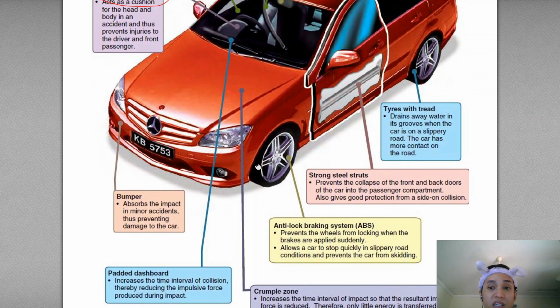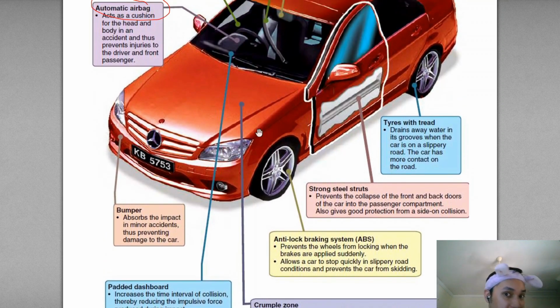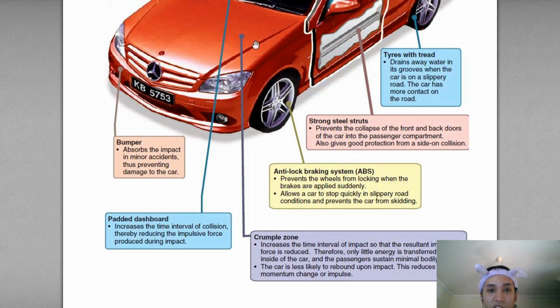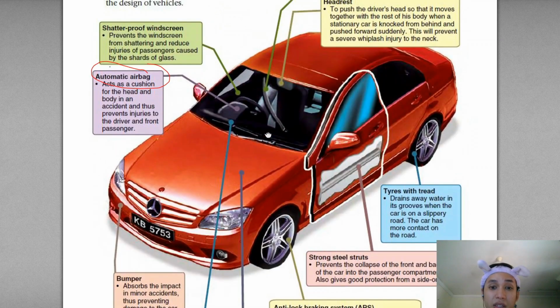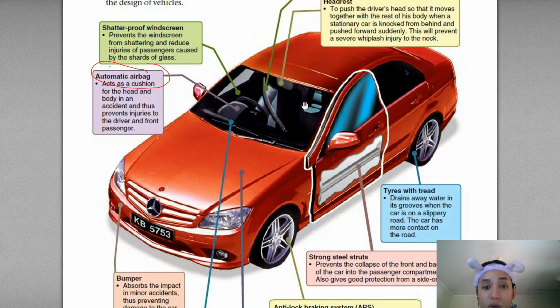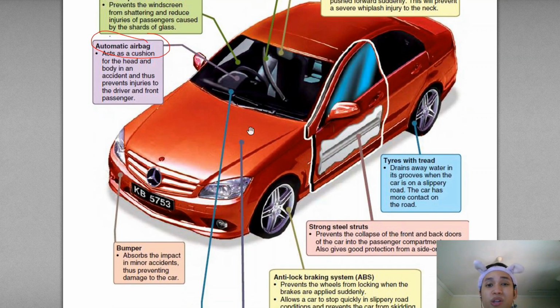Then there is the crumple zone. This part normally is made from materials that can absorb your impact. Of course, the frame of the car will still be made from strong metals like aluminium. It will not be totally plastic.